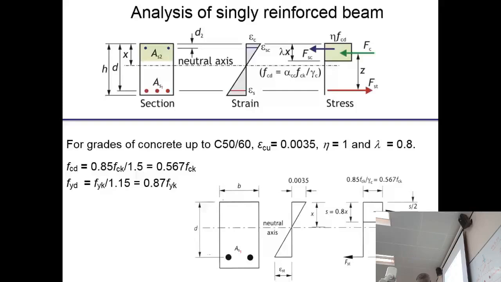When we come to do the design, you've got As, which is looking at the area of the steel that's in tension. So when you have a beam with an action on the top, it will cause tension there. So you've got tension steel, and the concrete is in compression.